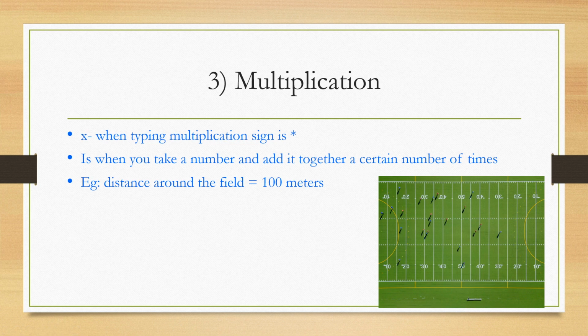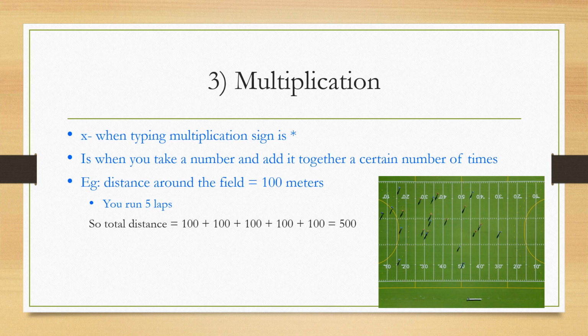Now say you're running laps around this field. Let's think that around the whole field is a distance of 100 meters, and you run 5 laps. So the total distance is 100 plus 100 plus 100 plus 100 plus 100.